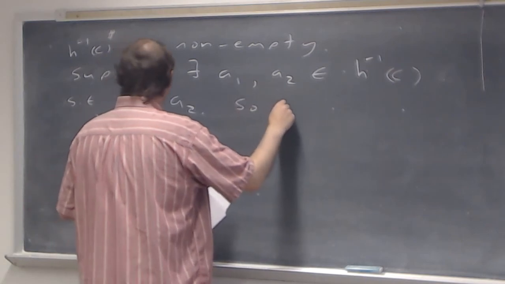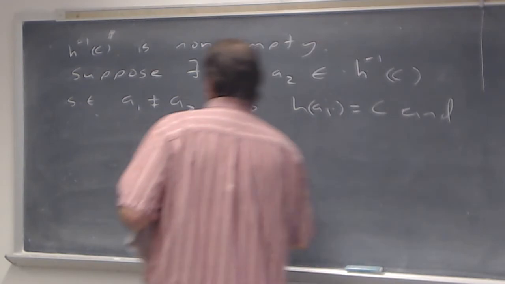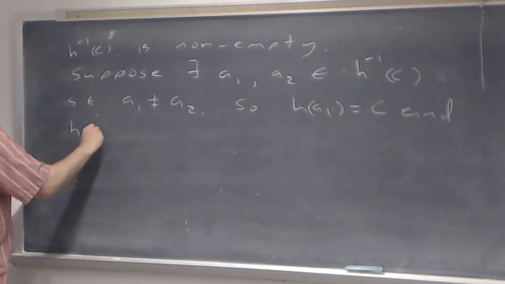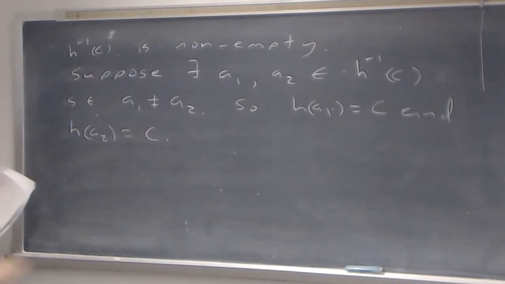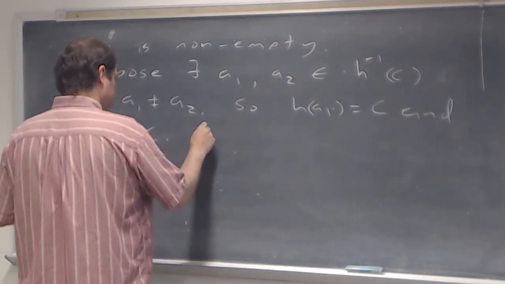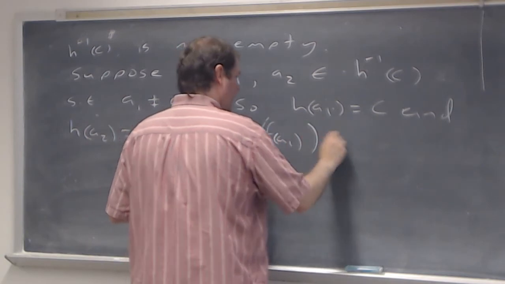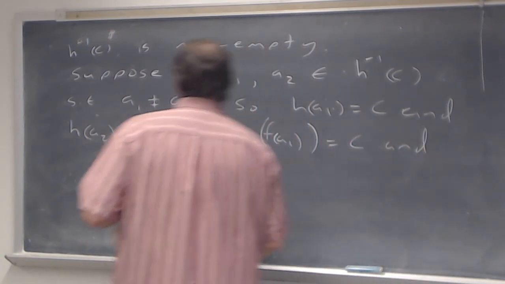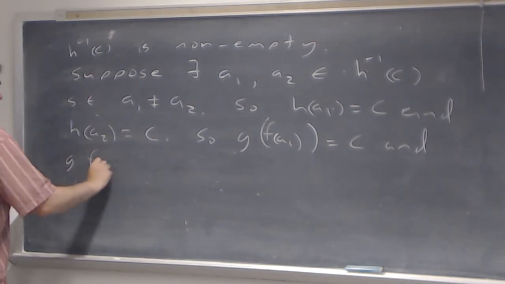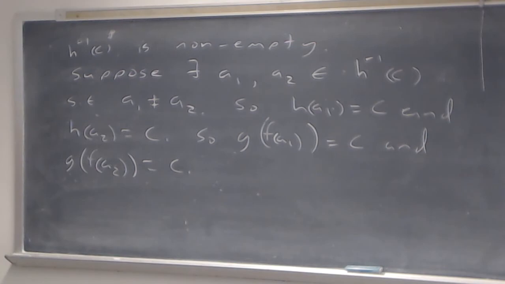So, H of a1 equals c, and H of a2 equals c. So this means that G of F of a1 equals c, and G of F of a2 equals c.